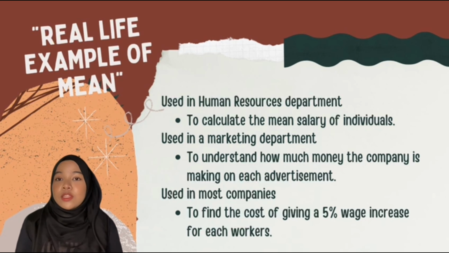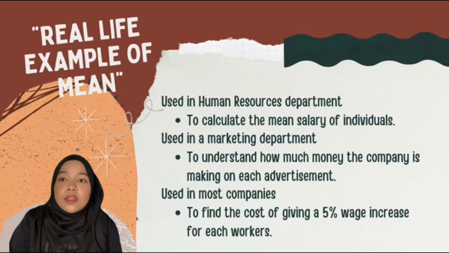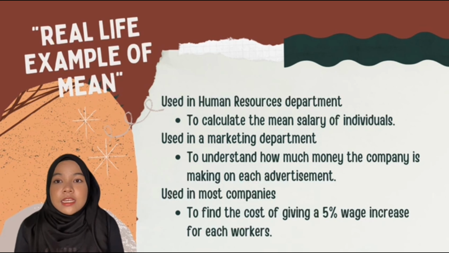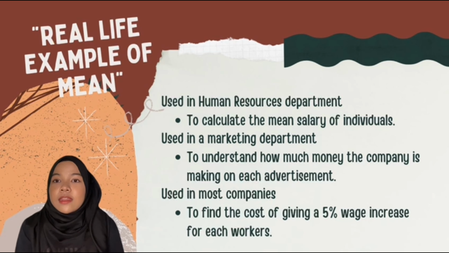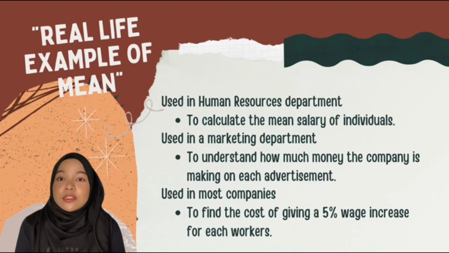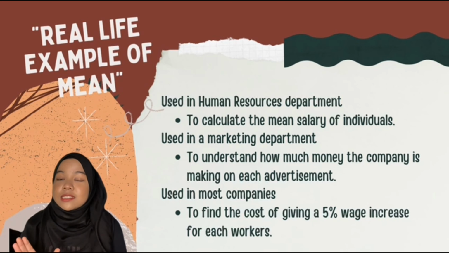Let's say, when you work in a company in a certain position such as the financial department, your boss decides to give an extra 5% wage to the employees. So you have to find how much it would cost the company to give each of the workers a 5% wage increase.